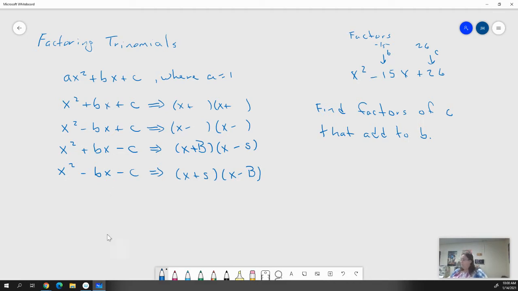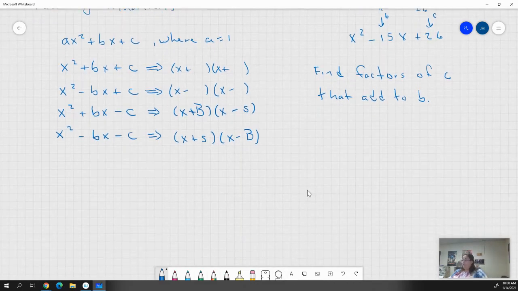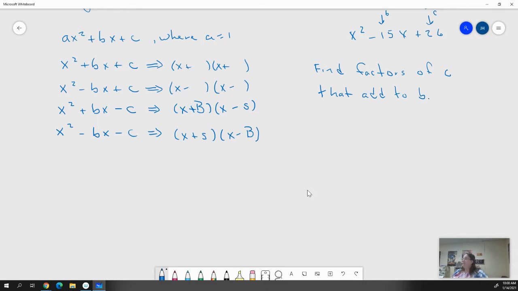If I don't know it right off the bat, the first thing I'm going to do is list my factors of 26. I'm going to rewrite this over here: x squared minus 15x plus 26. So my factors of c are whatever the factors of 26 are: 1 times 26, 2 times 13. I know those are all of the factors of 26. 3 doesn't go in, 4 doesn't go in, 5 doesn't go in.